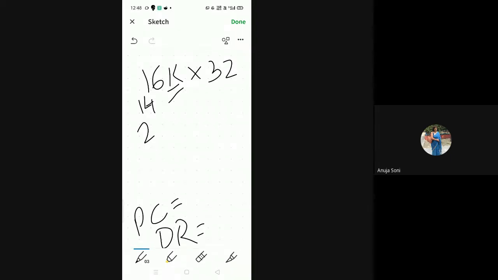Now this 14 is the size of your address. And the question is asking how many bits will go in PC and how many bits in DR.